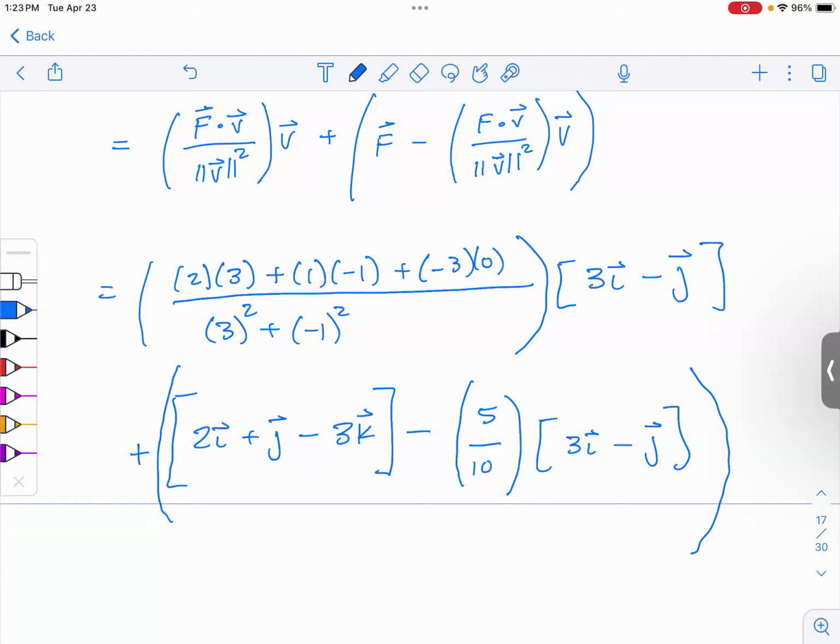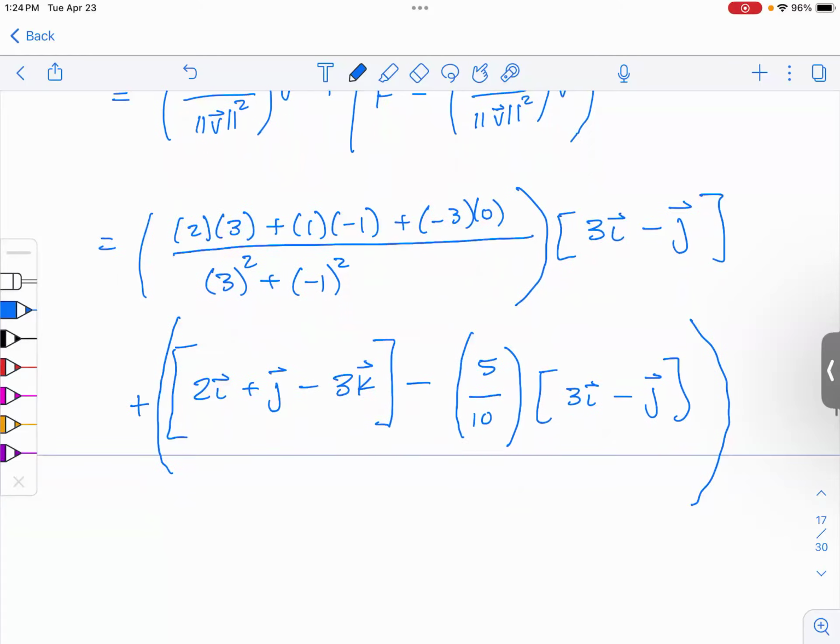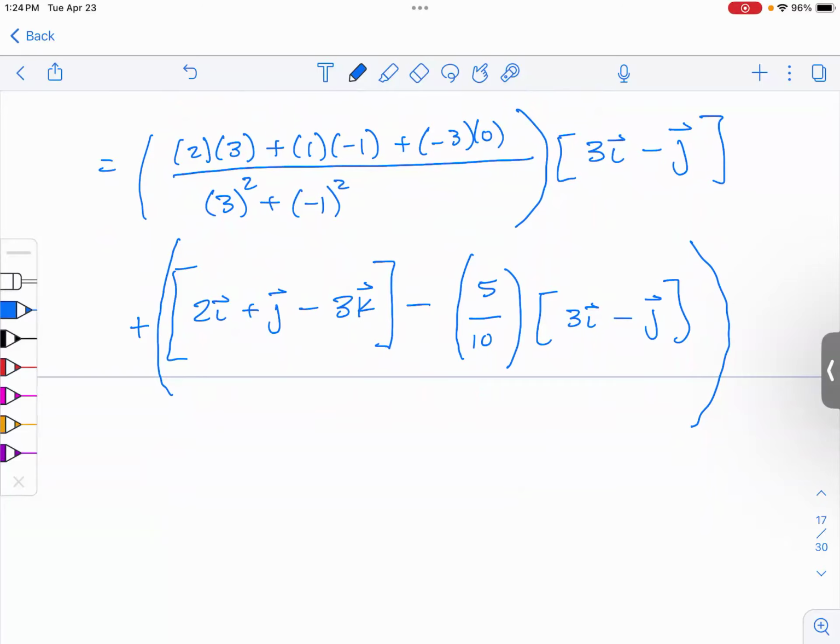And then close it, because the whole point here is this is one calculation and this is one calculation. We are keeping this as a parallel piece and a perpendicular piece. I don't want to combine all those, so I want to result in two vectors.